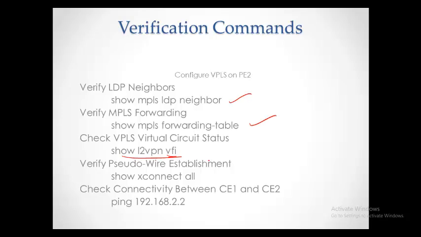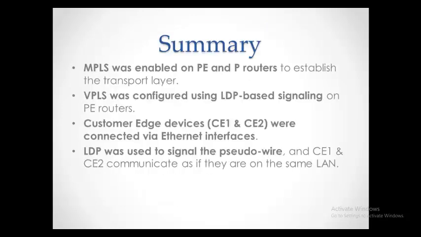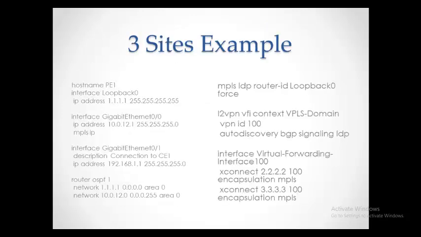So in short, VPLS is a multi-site layer 2 VPN. For that, we need a VFI interface, and the VFI configuration is like this. In the global mode, we say l2 vpn vfi context and give any name, and the VPN ID. And if you are running BGP between PE routers, then you may use this one.